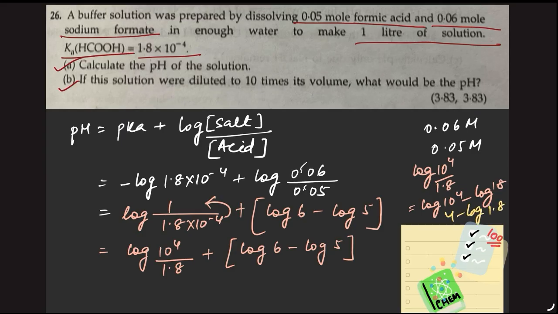Now here we will put this value, so this will become 4 minus log 1.8 plus log 6 minus log 5. Now taking log 1.8 inside the bracket, this becomes 4 minus, in brackets, log 1.8 minus log 6 plus log 5.